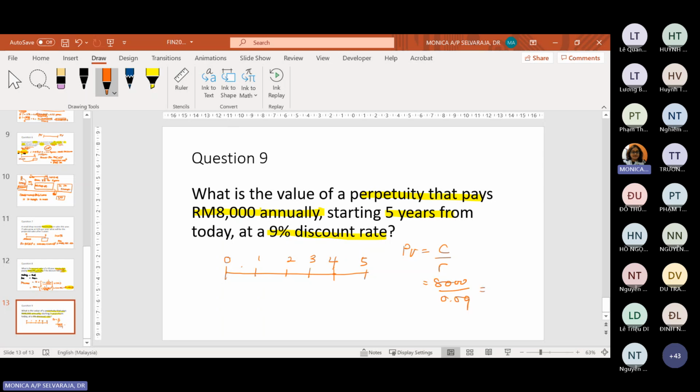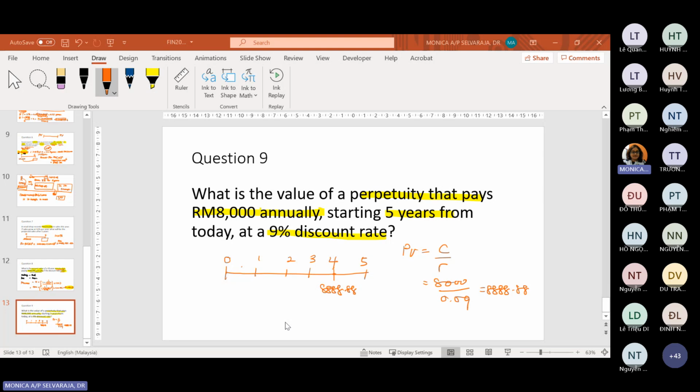So I get a value here. I'll get it here. So 88,888.88.